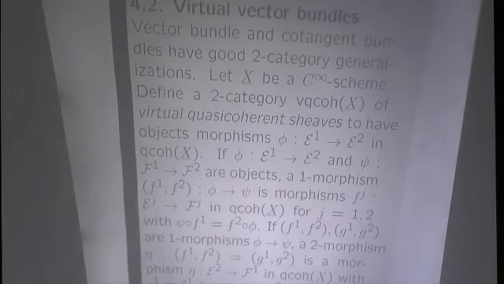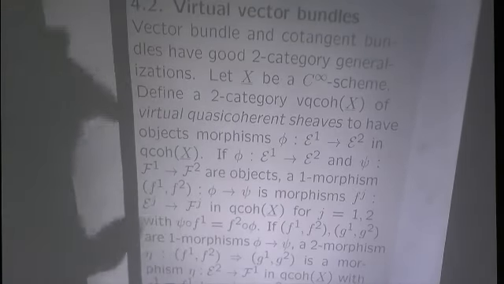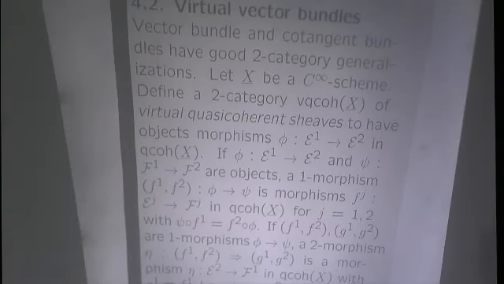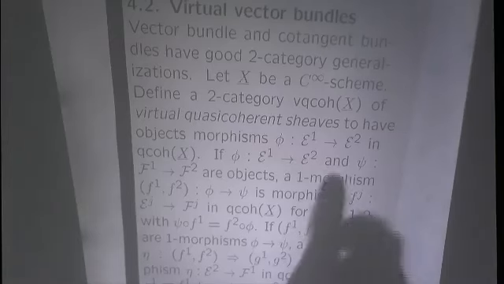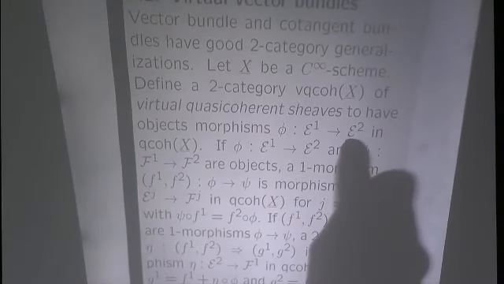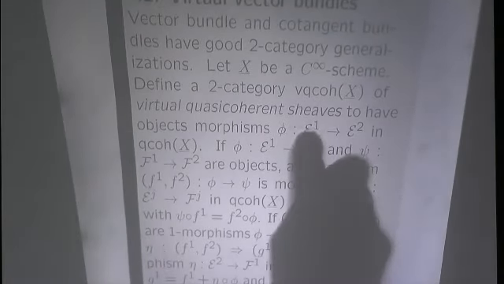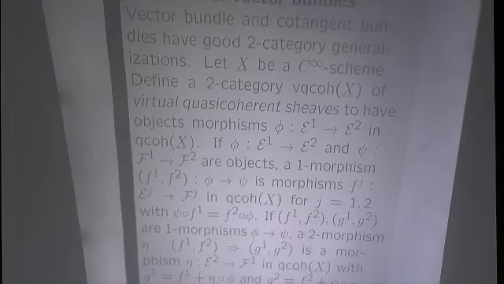So if X is a C-infinity scheme, you can define a 2-category of virtual quasi-coherent sheaves, which are just morphisms in ordinary quasi-coherent sheaves. A virtual quasi-coherent sheaf is a pair of quasi-coherent sheaves, E1, E2, and a morphism between them. We think about E2 as being a kind of tangent space and E1 as an obstruction space or something like that.